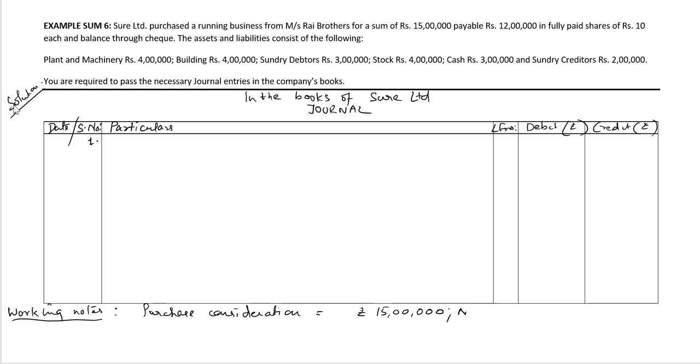The net assets taken over is equal to the total of the assets which are taken over, which is plant and machinery rupees 4 lakh, plus building rupees 4 lakh, plus sundry debtors rupees 3 lakh, plus stock rupees 4 lakh, plus cash rupees 3 lakh, comes up to rupees 18 lakh, minus the liabilities taken over, which is rupees 2 lakh, equals rupees 16 lakh.